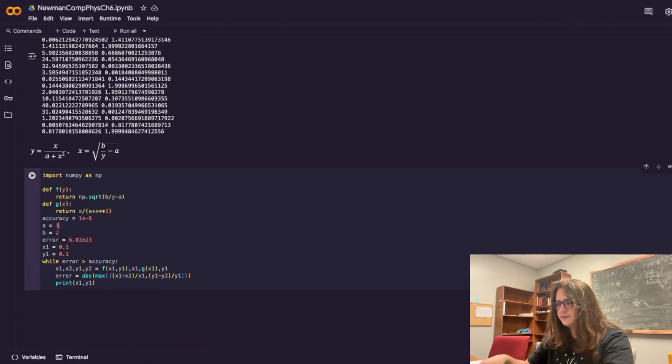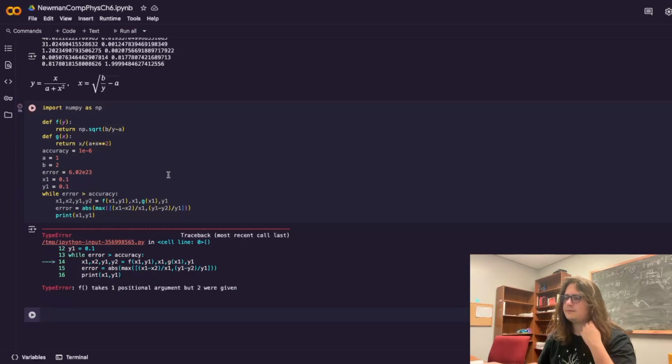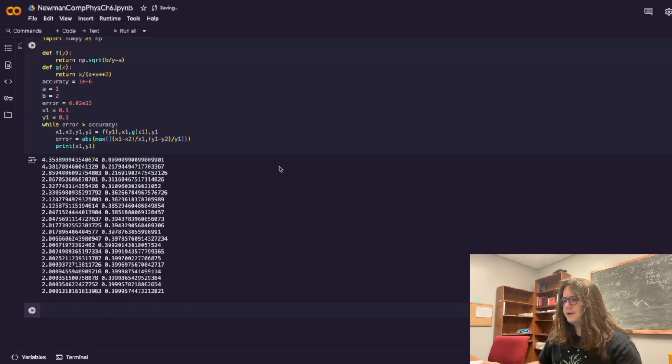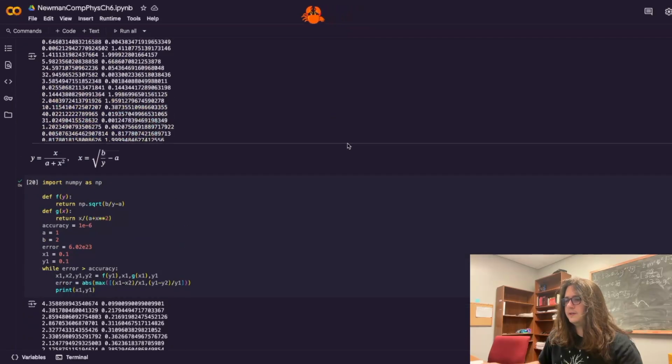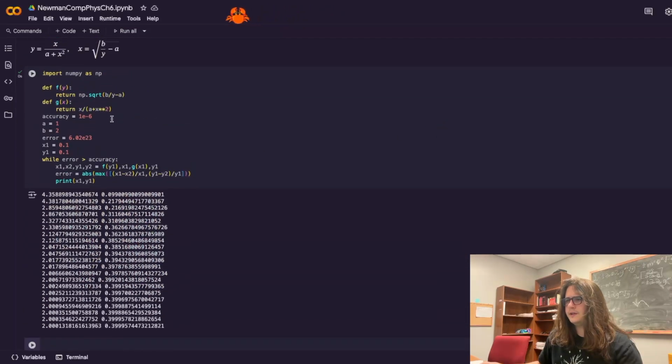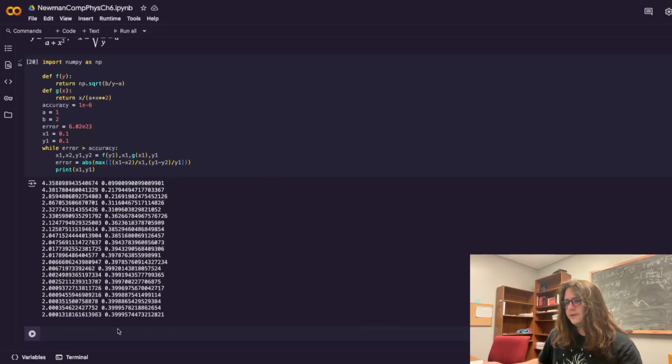And we're going to see how that looks. And I should get rid of x in the function call down there. But it actually converges and it gets the values that we expect it to. X1 equals b and y1 equals 2 over 1 plus 2 squared, so 2/5. And it gets that value pretty accurately.